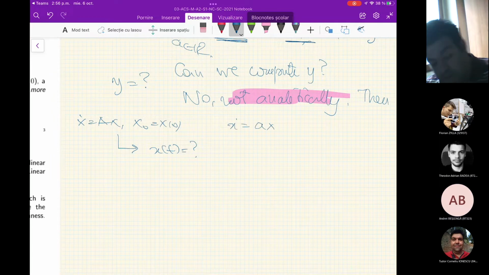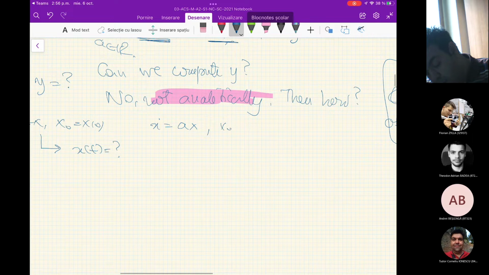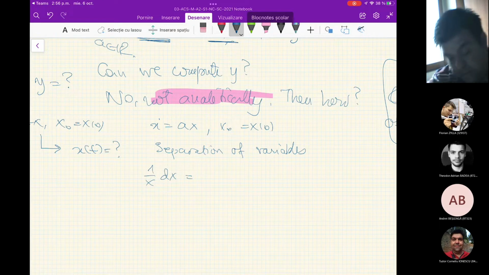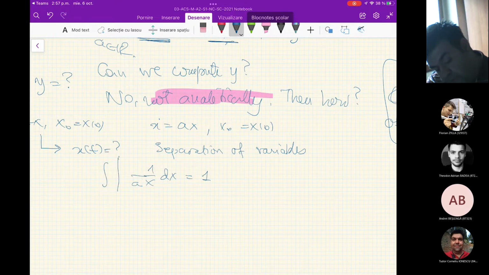Let's go back to the scalar equation: x dot is ax with x naught is x of 0. You do separation of variables, so you do 1 over ax dx is dt, and then you perform integration.